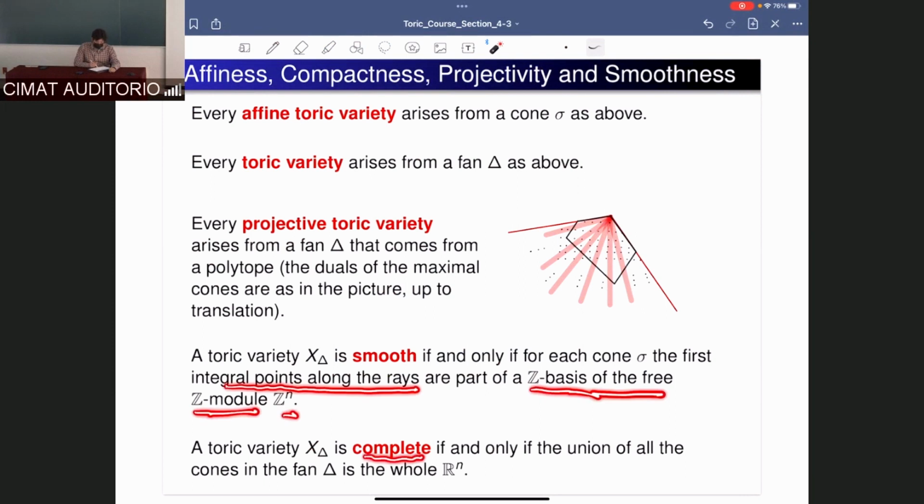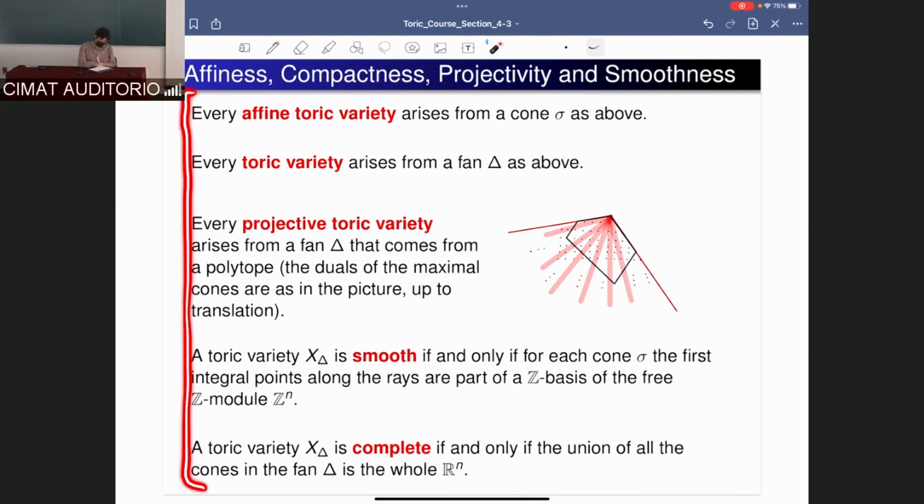And we characterize being complete, which again, if you use the complex topology, will be compact. A toric variety is complete if and only if the fan is what is called complete, meaning the union of the cones covers your R^n. These things we have discussed, so I'm just summarizing.